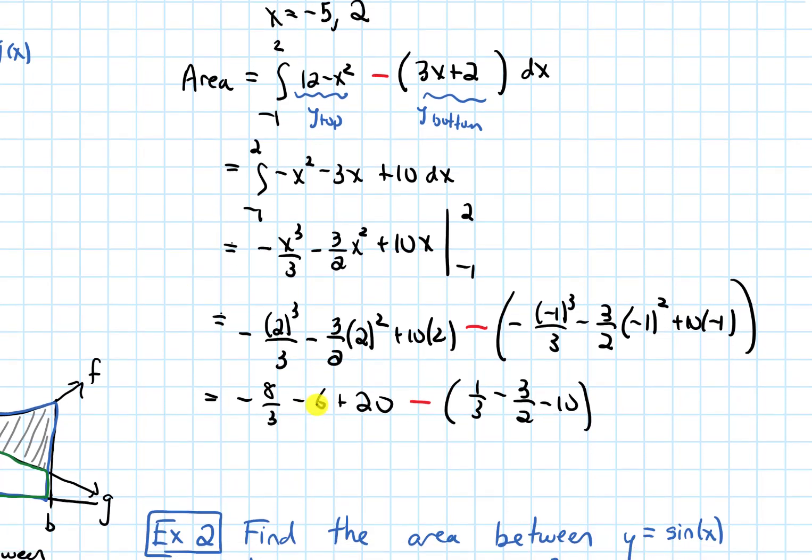All right, so if I take all the integers, so we've got the minus 6, we've got the plus 20, and then we'll get negative 10, which will become positive 10. That will end up being positive 24. If I take all the terms that have 3 as a denominator, we have minus 8 thirds, and then we'll get minus 1 third.